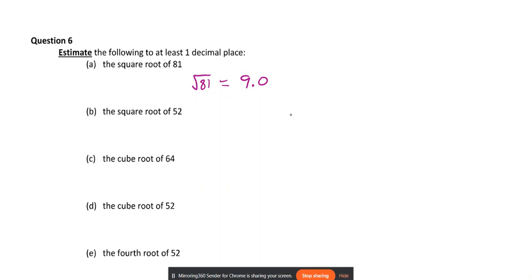What you were just doing there is we know that the square root of 49 is 7, and we know the square root of 64 is 8. So the square root of 52 is close to the 49 one. 7.2? Yeah, 7.2. That's what the calculator says.